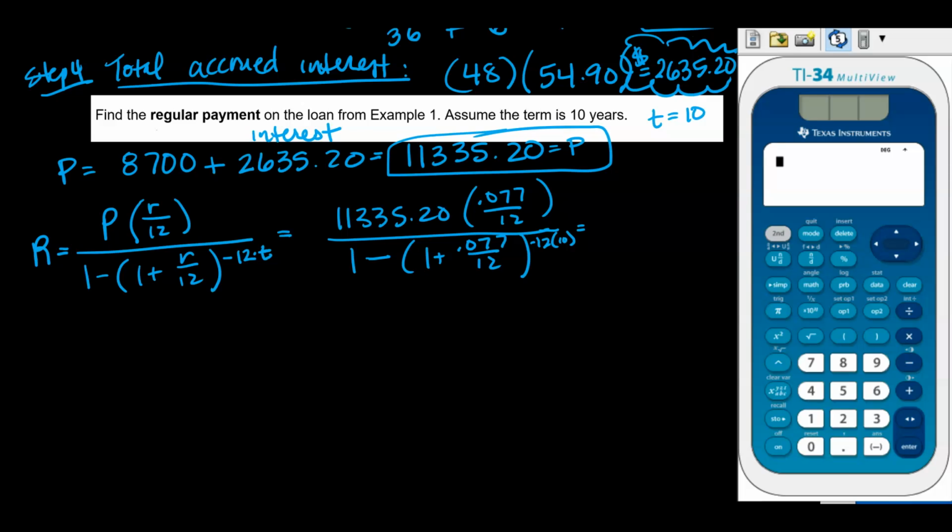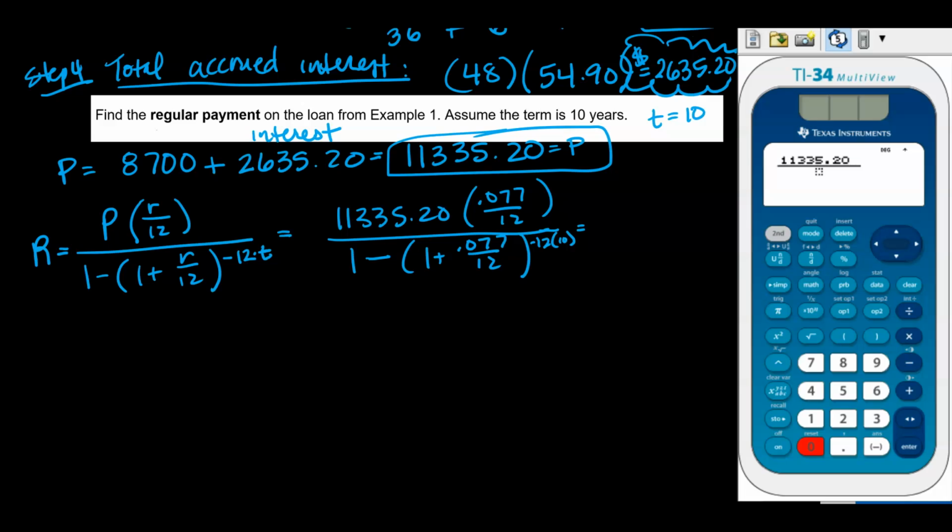If you have a TI-34, a TI-30, or a newer TI-84, those calculators have this N over D button. The nice thing about that is it makes a fraction, so you can enter the problem just like it looks on your paper.